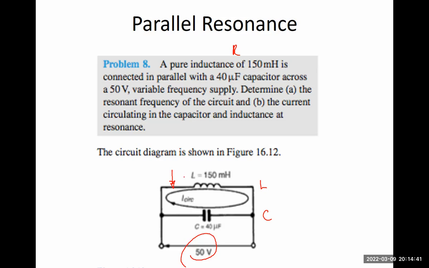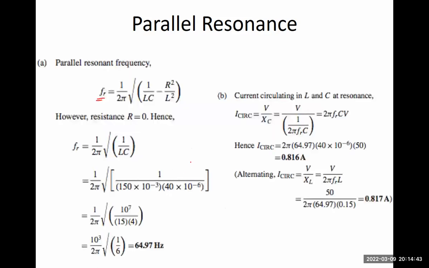If R is negligible, that term will not exist, and it will just be equal to 1 over 2 pi times the square root of 1 over LC. So it becomes the same as series resonance.